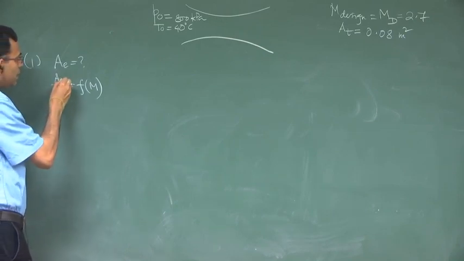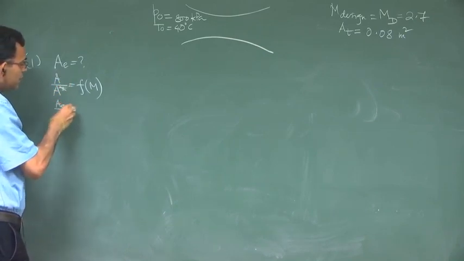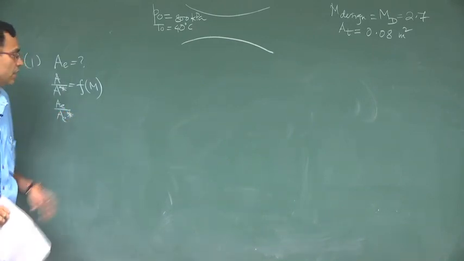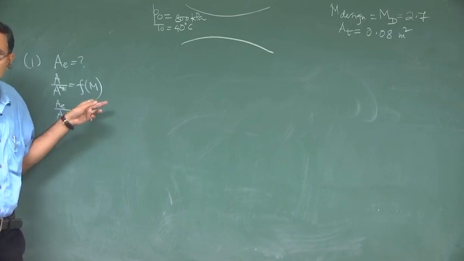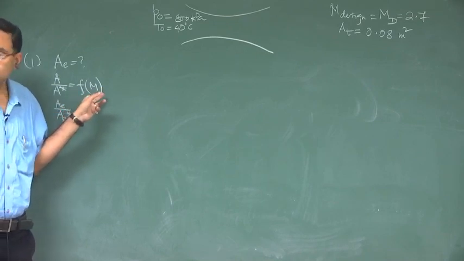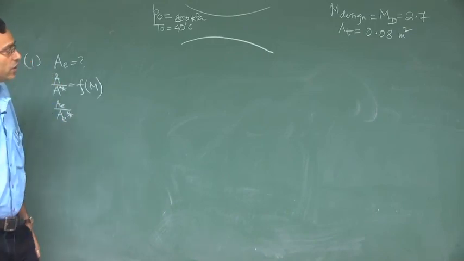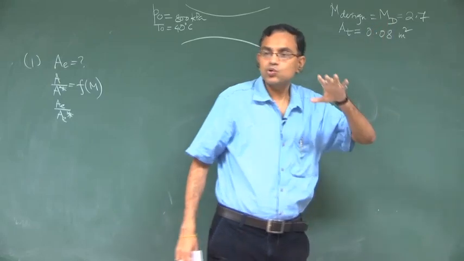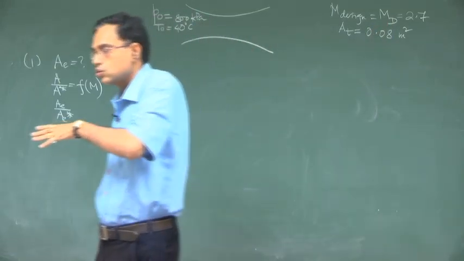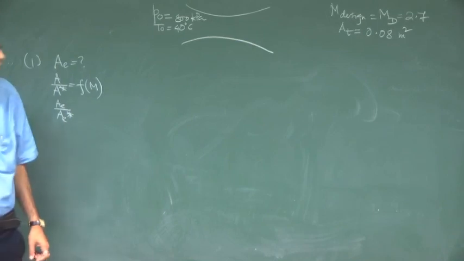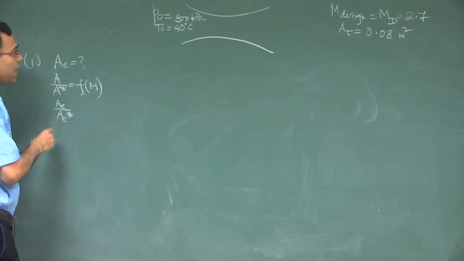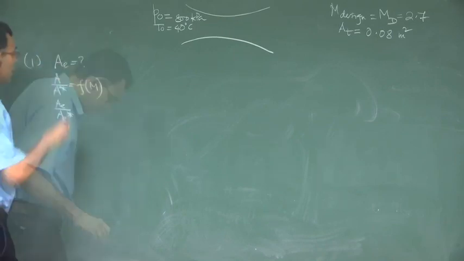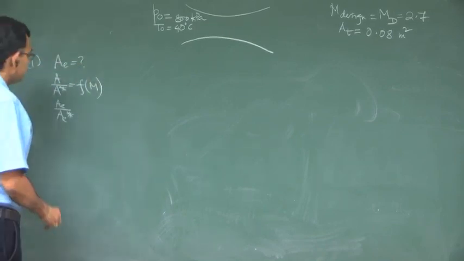So, AE by AE star. When can you use this relationship? This is isentropic relationship, right, no shock. So, if the design condition exists at the exit, that means you do not have a shock, right. So, when you have the design condition at the exit, you can use this, with AE is what you want to obtain.